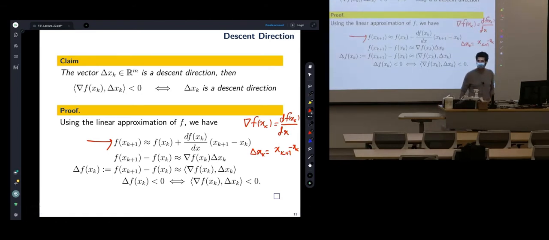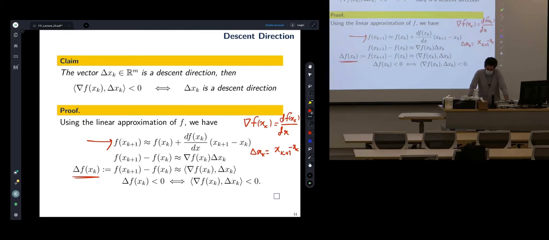So if I move f of xk to the left side, and I define f of xk plus 1 minus f of xk to be a delta f, the delta f is basically the dot product of my gradient times delta x. This is very important. Some people take this as the definition of gradient. In calculus courses and more advanced courses, you could start from here and say this is the definition of the gradient. And when it's continuous, the delta f is called the differential of f.